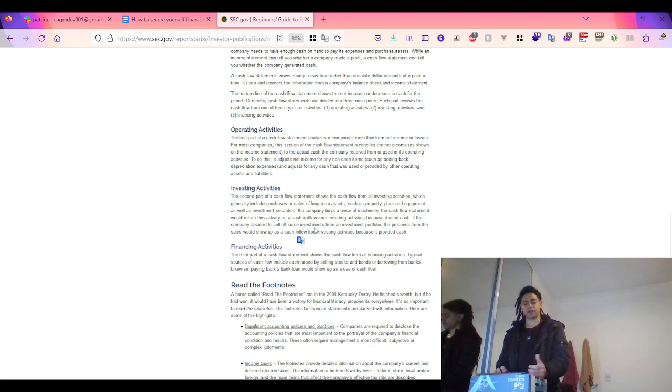So you have, for example, issuing equity. This is a form of financing, especially when a company goes public, like an initial public offering, an IPO. So issuing equity, issuing debt.